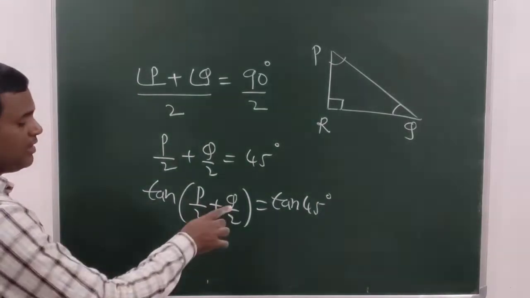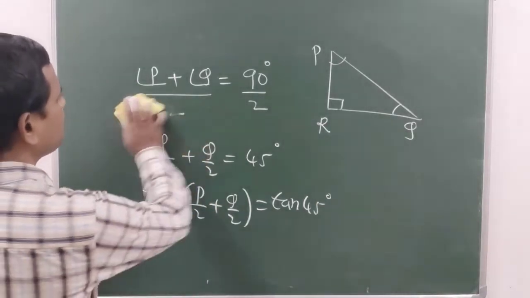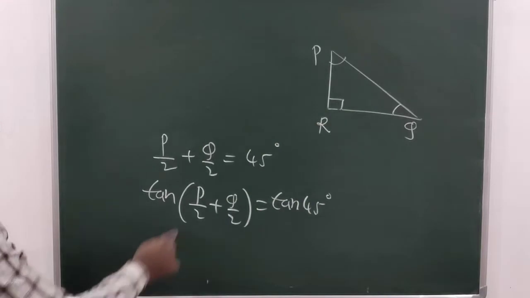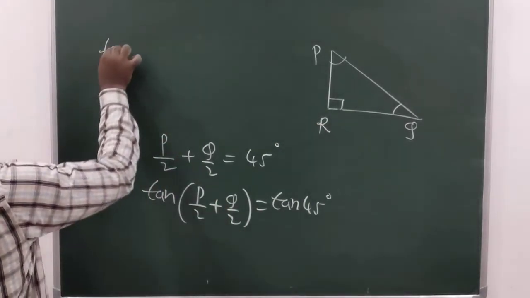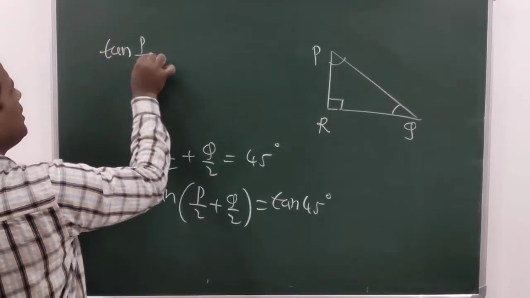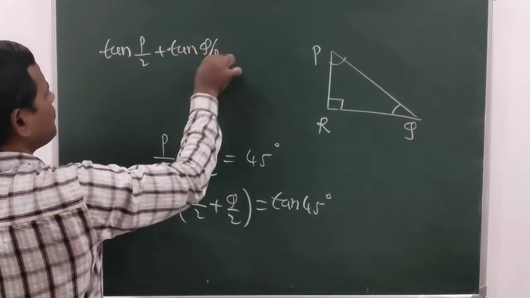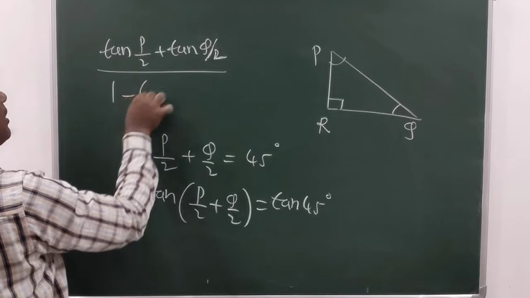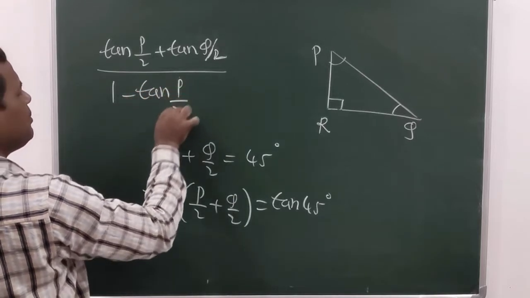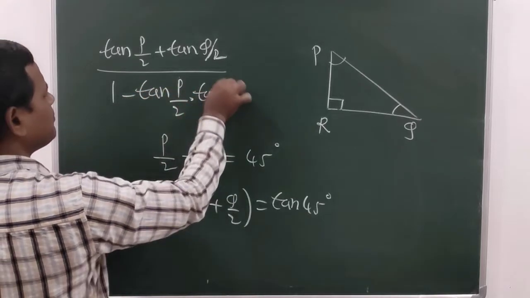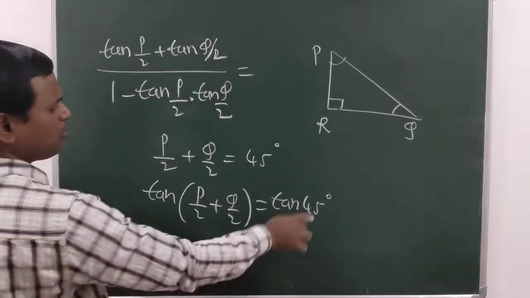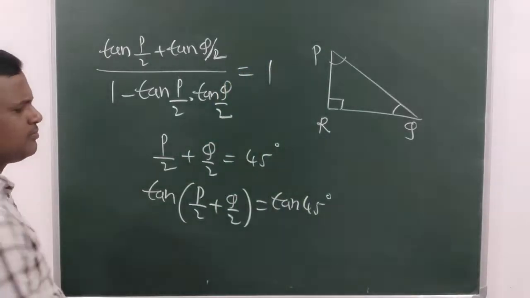Right. Now expand it. It is in the form of tan A plus B. As you know, the expansion of tan A plus B: tan P by 2 plus tan Q by 2, divided by 1 minus tan P by 2 into tan Q by 2, which is equal to tan 45, value 1.